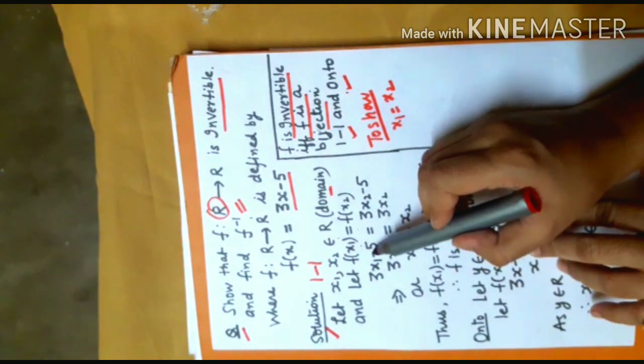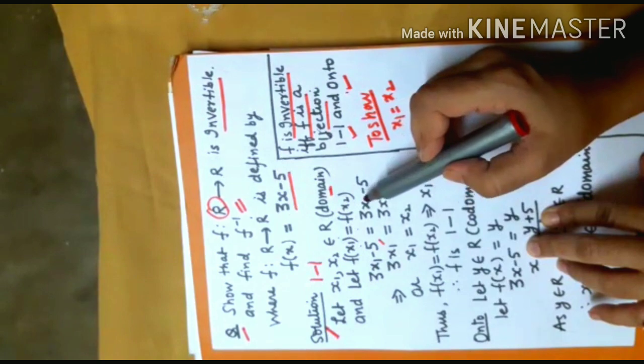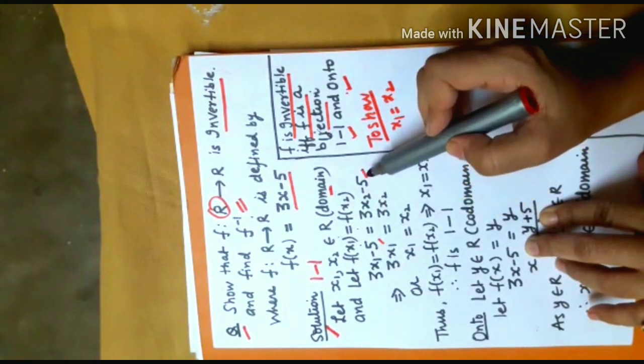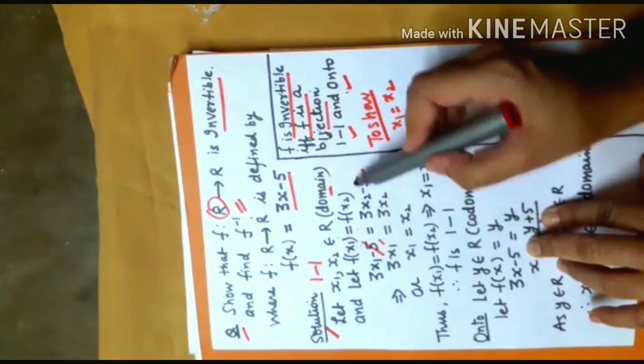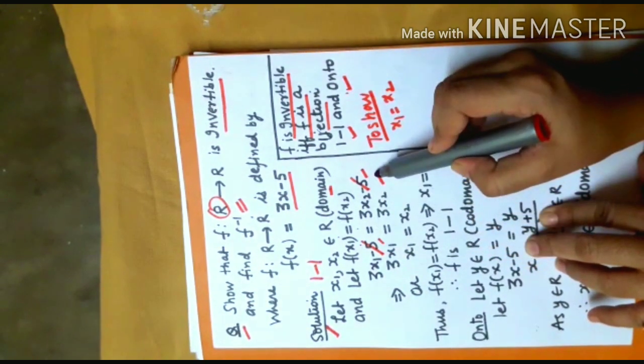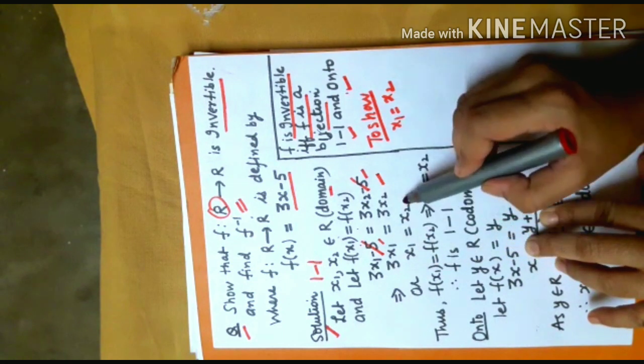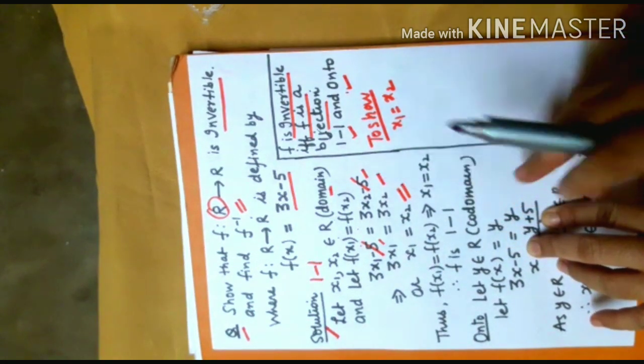So f(x1) is 3x1 - 5, and f(x2) is 3x2 - 5. The 5s will get cancelled out. I'll get 3x1 = 3x2, which implies that x1 = x2.